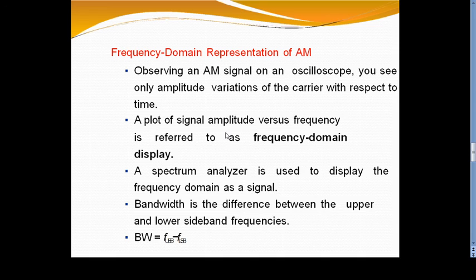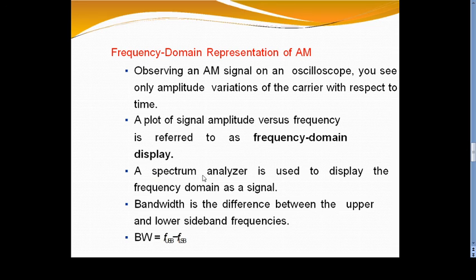Then we go to the frequency domain representation of the amplitude modulation signal. Whenever we perform an experiment in the lab, observing an AM signal on an oscilloscope, you can see only the amplitude variation of the carrier with respect to time. A plot of signal amplitude versus frequency is referred to as the frequency domain.